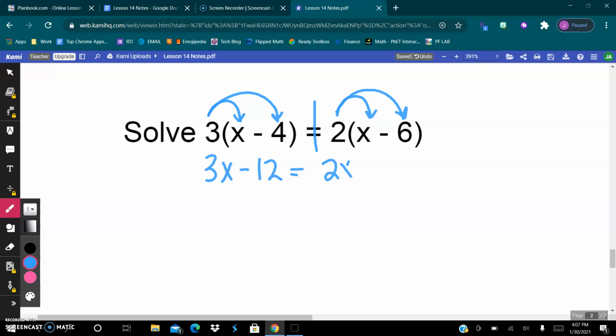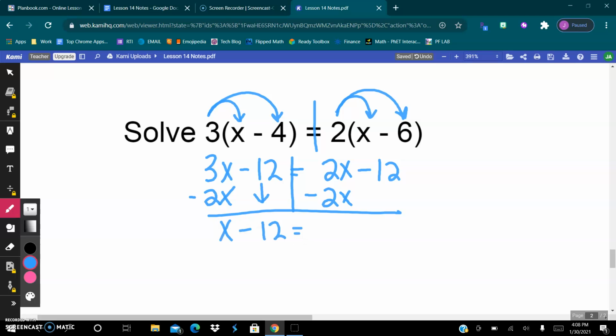And then here is 2 times x, and then we have 2 times negative 6, so that would be a negative 12. And we are going to move the 2x because it's smaller, so I'm going to subtract 2x. So 3 minus 2 is 1x. Bring down the minus 12. 2x's cancel, and bring down this minus 12.